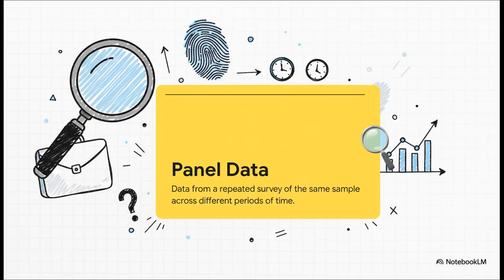And finally, there's panel data, which is kind of the best of both worlds. This is like interviewing the exact same group of 500 people every single year for 20 years. It combines the time series and the cross-section approach, which lets you track the same individuals over time. This is how we can answer really deep questions like, how does a college degree affect a specific person's income over their entire life? It's incredibly powerful stuff.